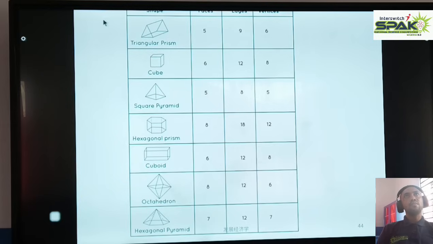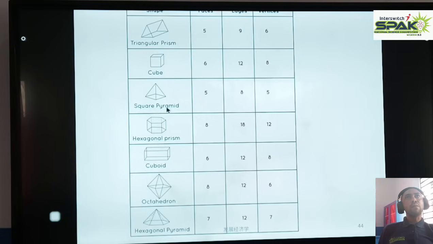So let's look at the table showing some shapes with their number of faces, vertices, and edges. Looking at this, we have shape, we have faces, we have edges, and we have vertices. So a triangular prism has 5 faces, 9 edges, and 6 vertices. A cube has 6 faces, 12 edges, and 8 vertices.